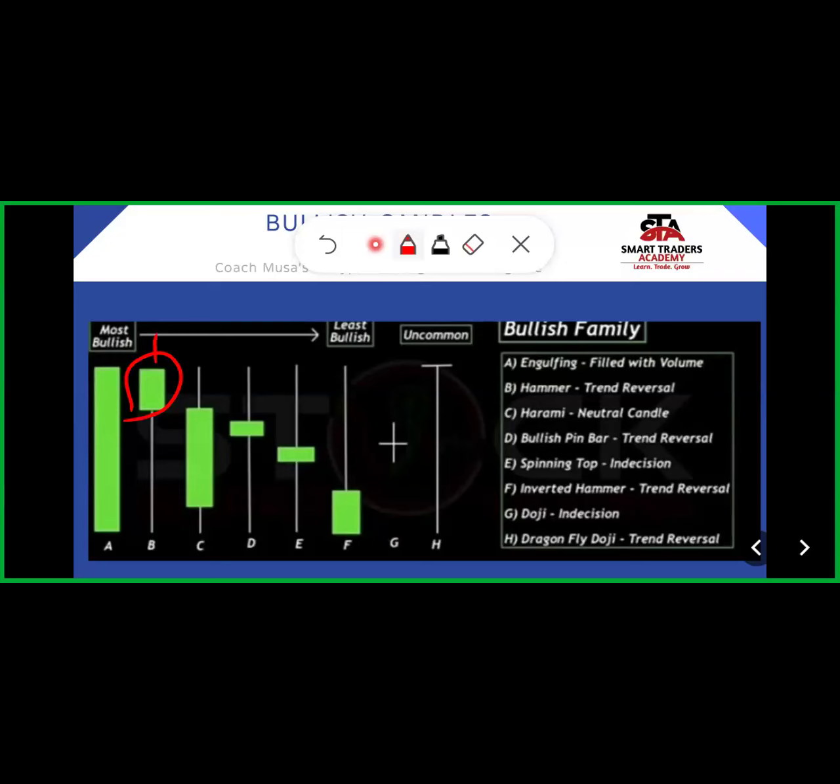I don't know whether it makes sense. It will be called a bullish pin bar when it has a little bit of a wick at the top.